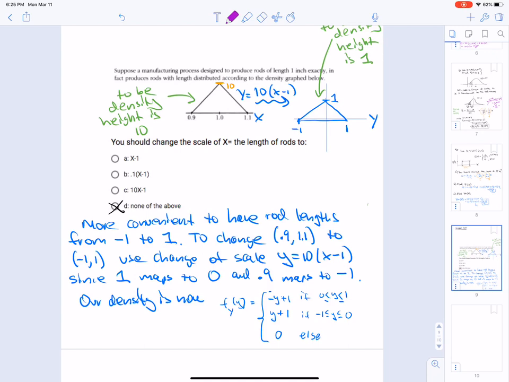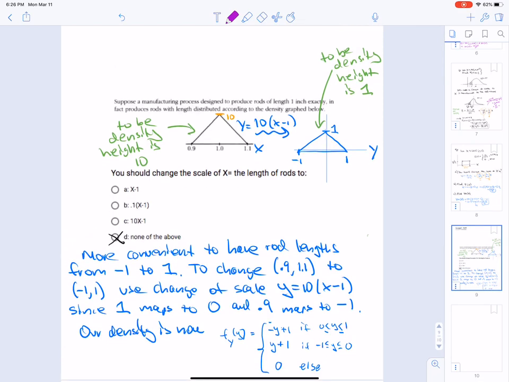So now the density of y now, for it to be a density, we know what height our triangle needs to be. And that height is 1 because the area needs to be 1, and so it can't be anything else.